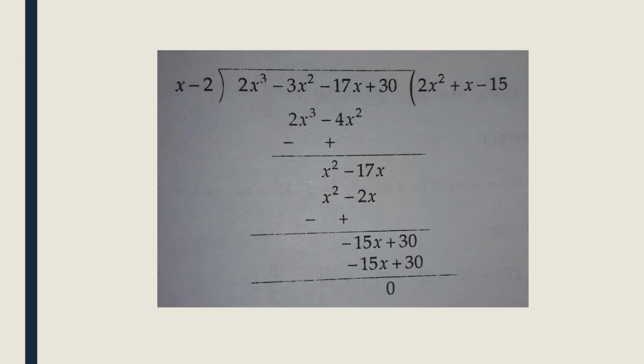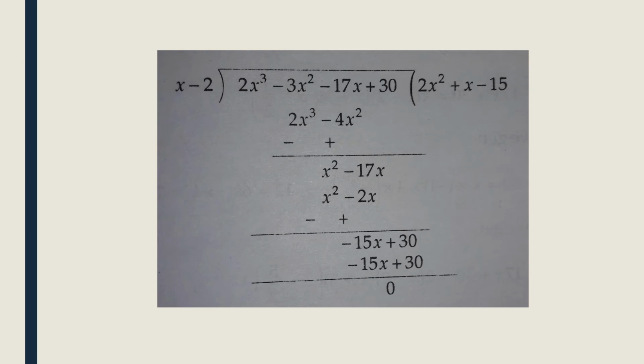For division, we divide first term of the dividend, that is 2x cube, by the first term of the divisor, that is x, which gives the first term of the quotient. Here we will get 2x cube by x, which is equal to 2x square.